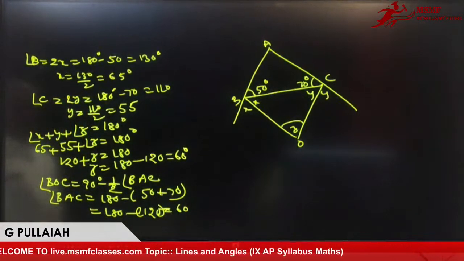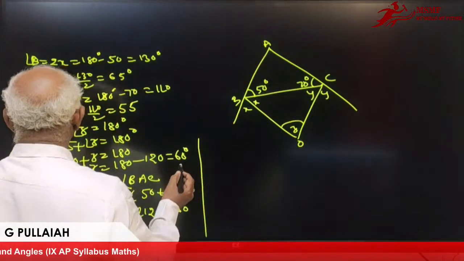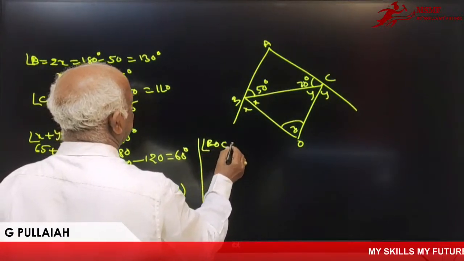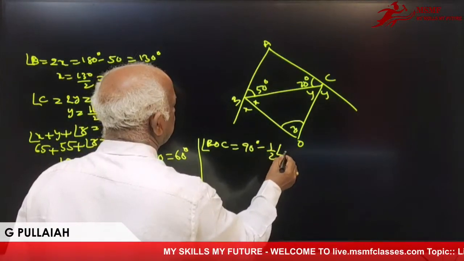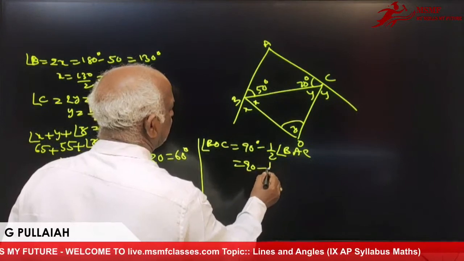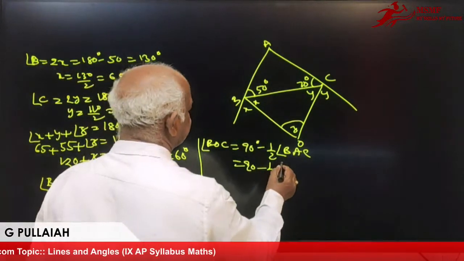Angle BAC is 60. Now angle BOC is 90 minus half of 60.